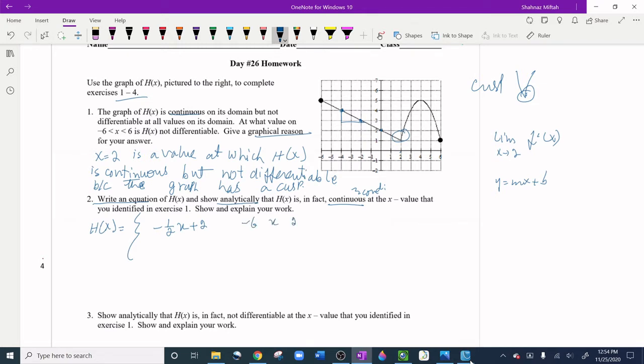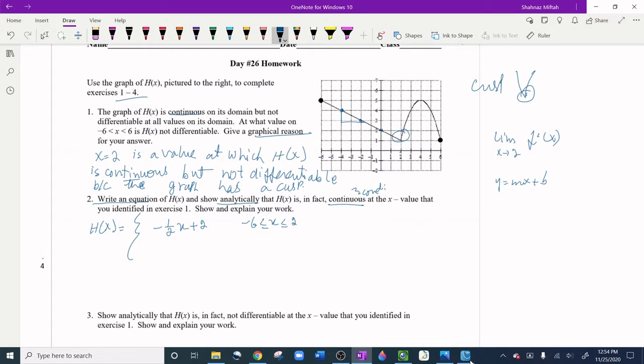So it's greater or equal to negative 6, and this is less than 2. That's between these x restrictions. What is the function for this? What is this called? Parabola.